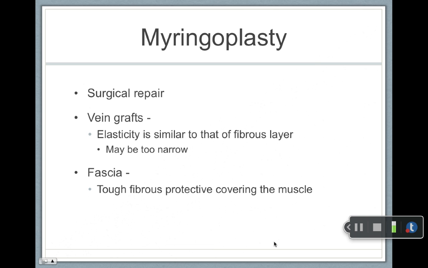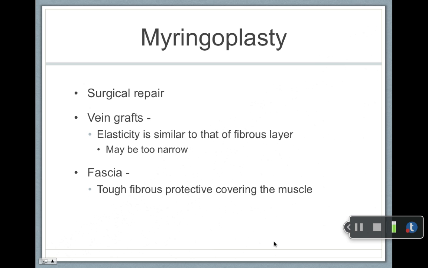With a hole that big, you could do a Myringoplasty, a surgical repair in which there'd be a graft of skin. Vein grafts are used, or the muscle fascia, I don't think I pronounced that correctly, that part of the skin that's on top of your muscles, because it's a bit more fibrous.